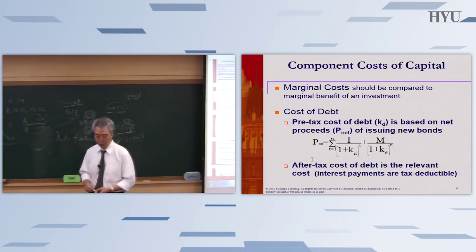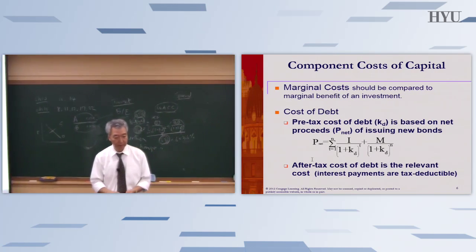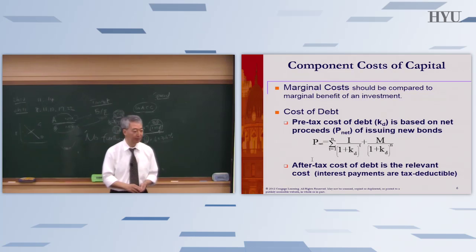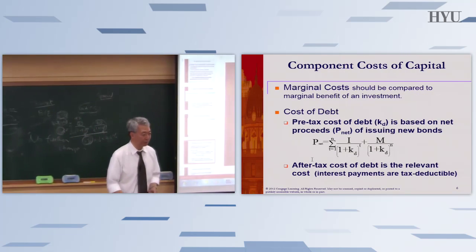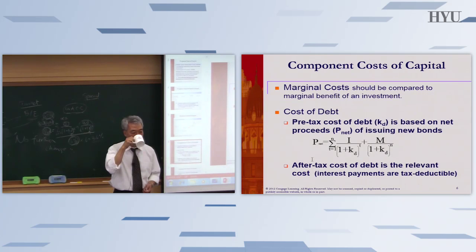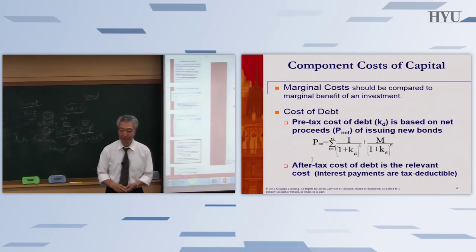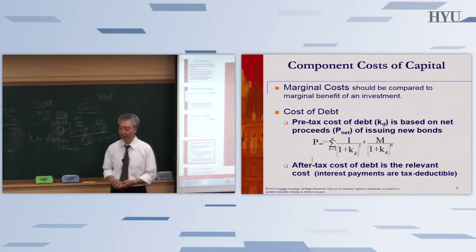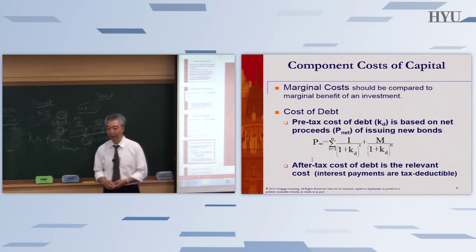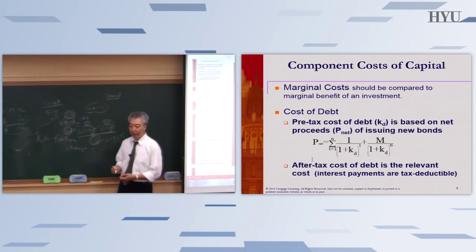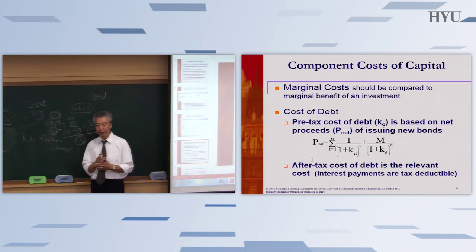So we're talking about internal rate of return here. But previously I told you that the cost of debt is determined in the market, didn't I? So how do you reconcile those two different ideas? Will they be the same, your internal rate of return that you calculated and the market clearing rate?